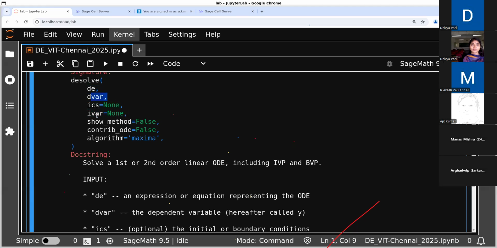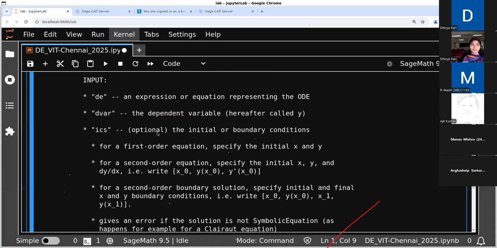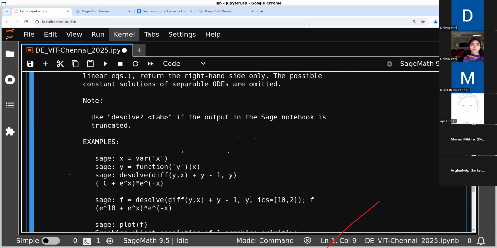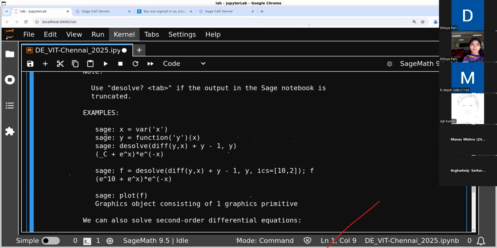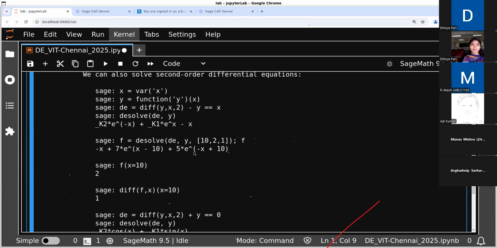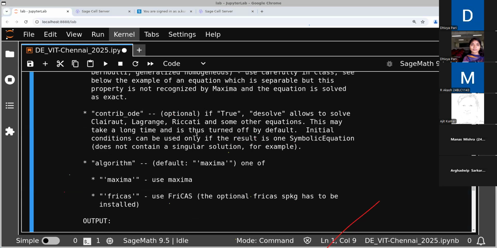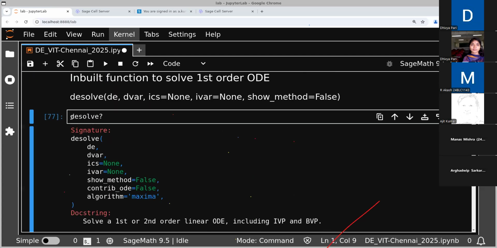This is a dependent variable, this is the independent variable. What method you want to use, you can show what method it is using, and so on, along with lots of examples. These examples you can very easily copy and paste.